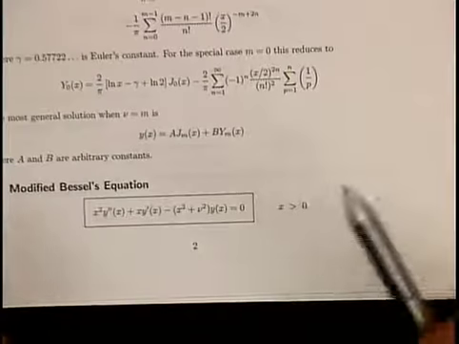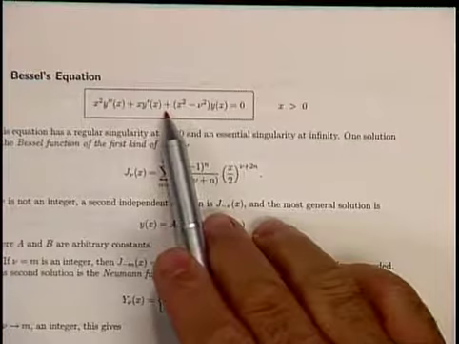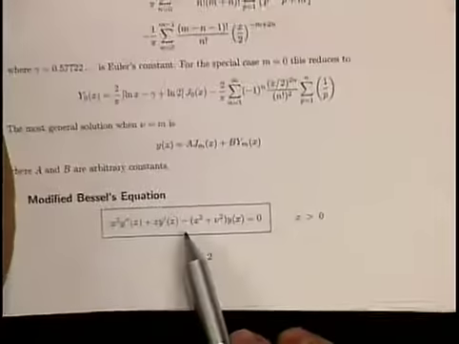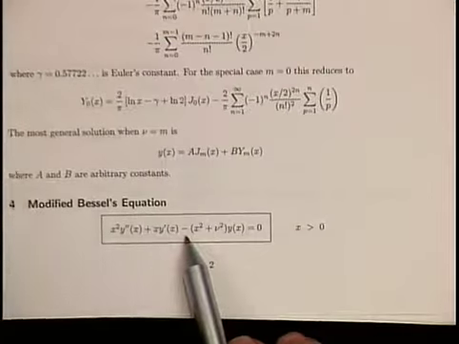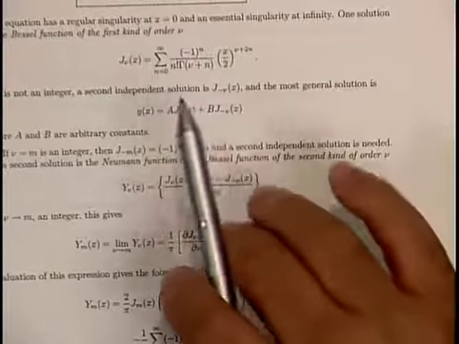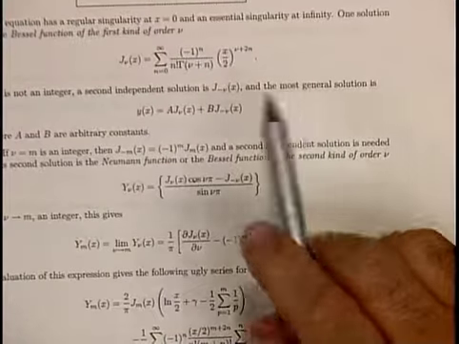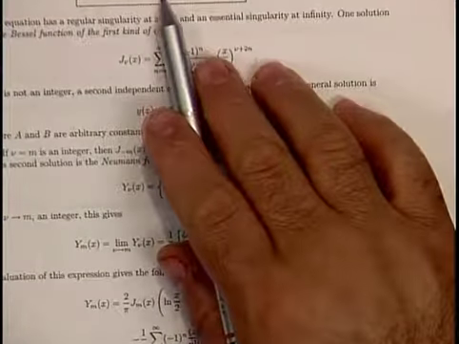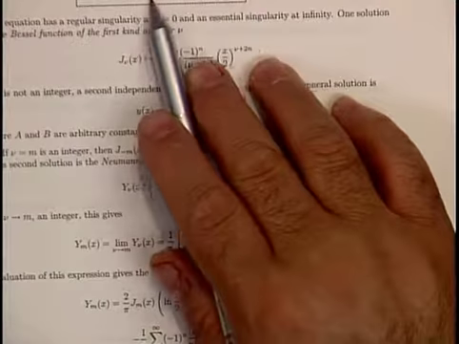So again, here we have a plus sign for the Bessel function. If we have a minus sign instead, this will define the modified Bessel function. If you are confused, you have to go back to this handout and look for the last term that contains the y of x, whether it is positive or negative.